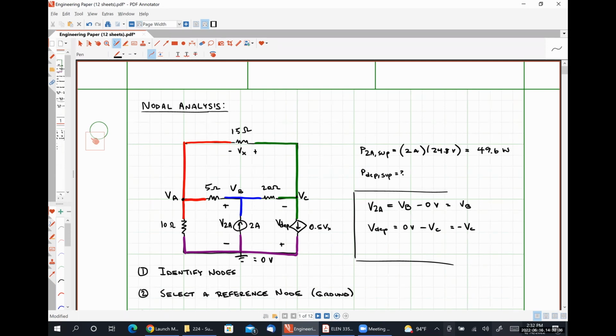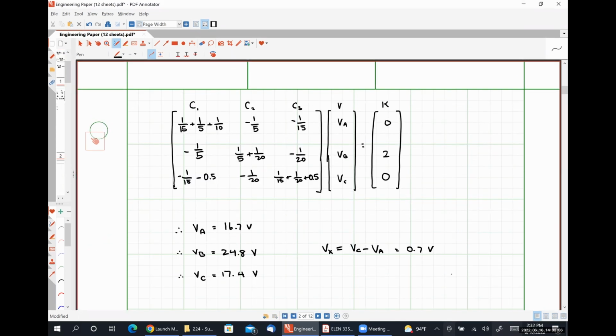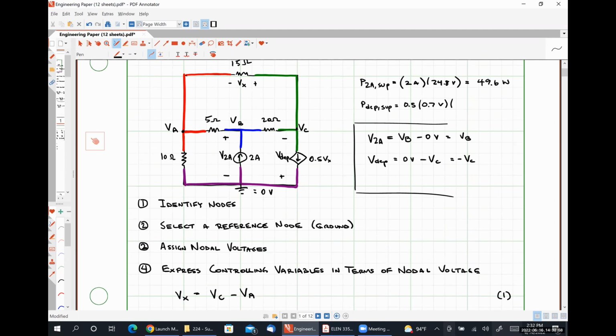For our dependent source, our current is 0.5 times Vx, which we found to be 0.7 volts, times negative Vc, where negative Vc is negative 17.4 volts. And so we get negative 6.09 watts of supplied power.